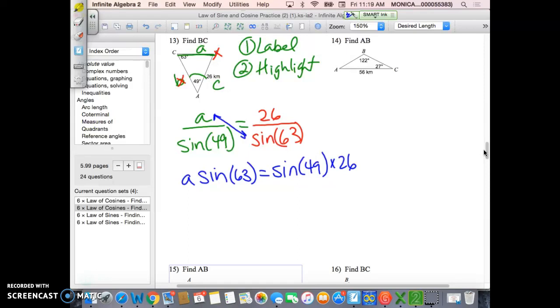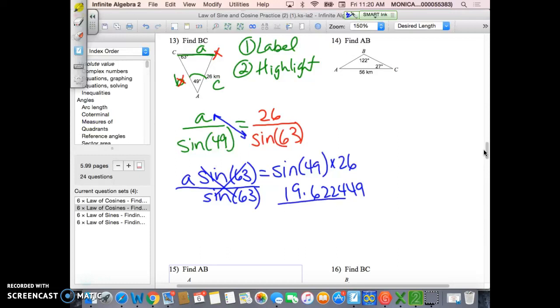So the sine of 49, close parentheses, times 26, this whole part equals 19.622449, right? And now to isolate a, I'm going to have to divide by the sine of 63.